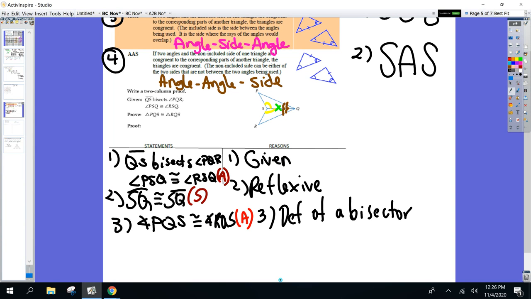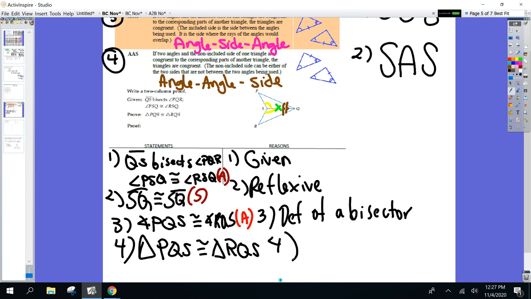The only thing you guys have to determine now is whether the side is in between the two angles or not. And I'm not talking about the way I wrote it down. I'm talking on the diagram. Look on the diagram. Is the side in between the two angles? If it is, it's angle, side, angle. If it's not, it's angle, angle, side.